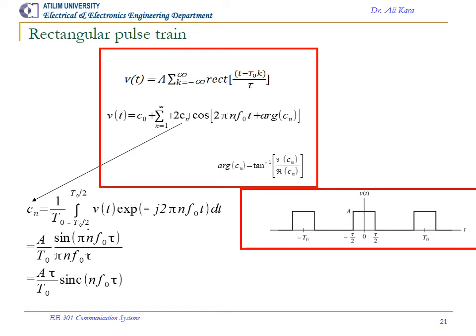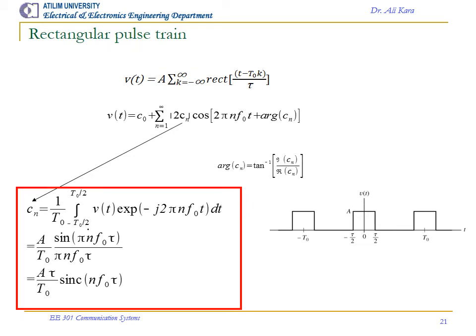Rectangular pulse train v of t is defined as A times the sum over k from minus infinity to plus infinity of rect of (t minus k T0) over tau, where A is a real scalar constant, T0 is the fundamental period, and tau is the pulse length.